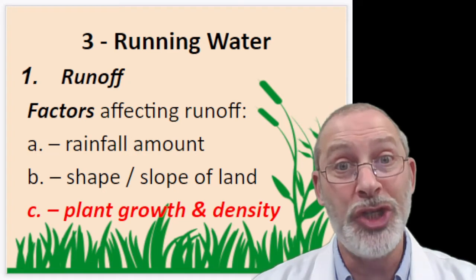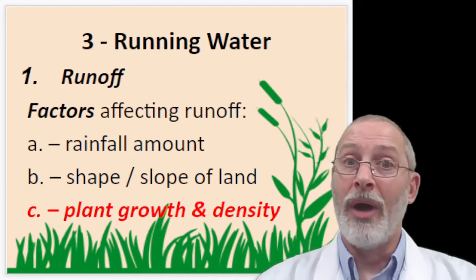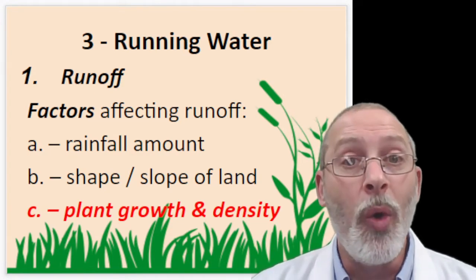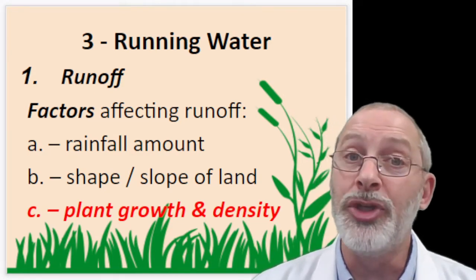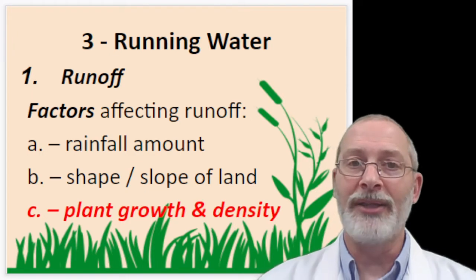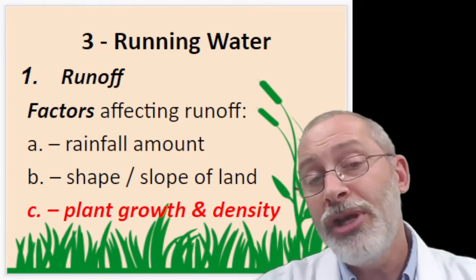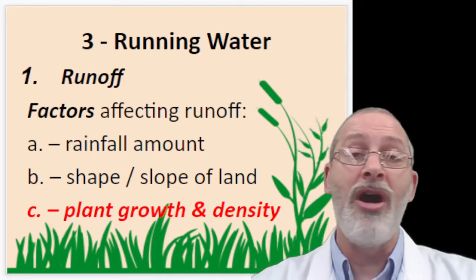Probably the one that's just soil. Why? Because the grass or other vegetation is going to be holding the soil in place with its roots. So think about that for our lab activity on Thursday. But regardless of these factors, runoff happens.